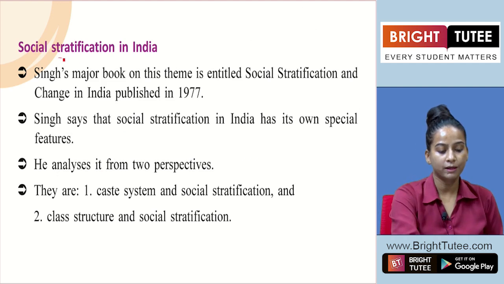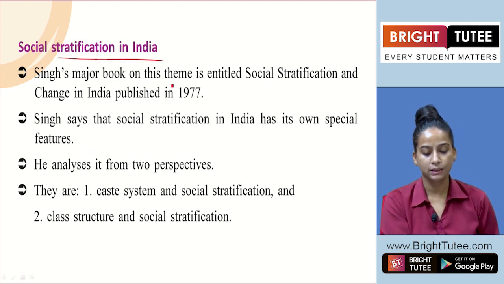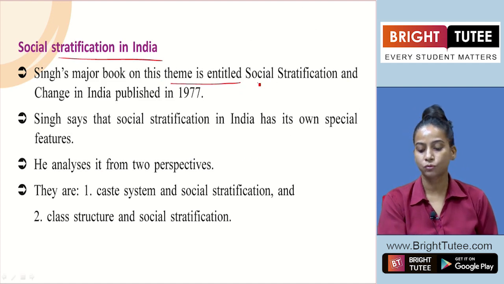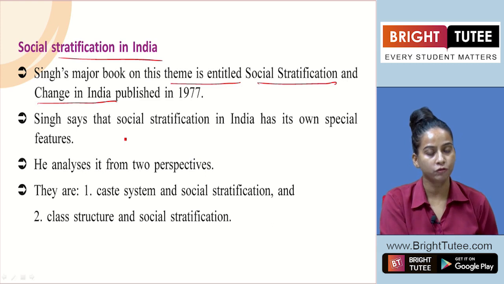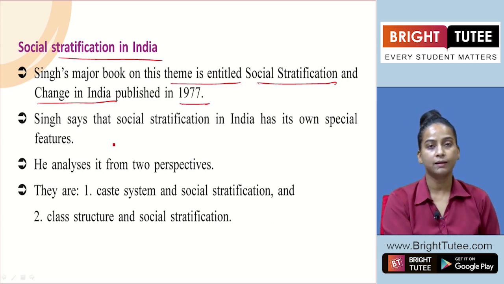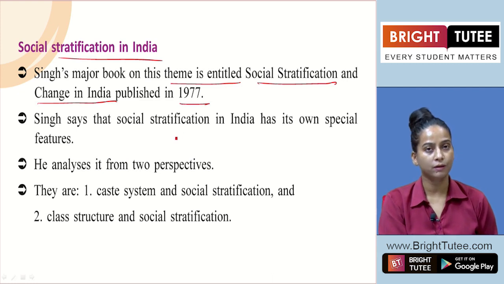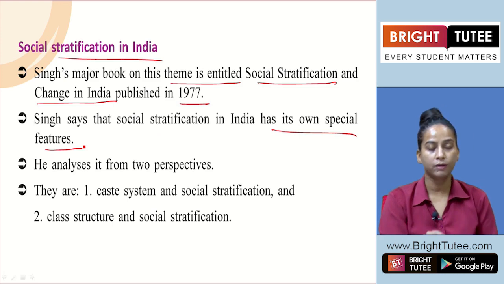Social stratification in India. Singh's major book on this theme is entitled Social Stratification and Change in India, which was published in 1977. Singh says that social stratification in India has its own special features.